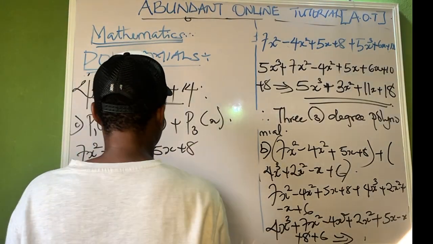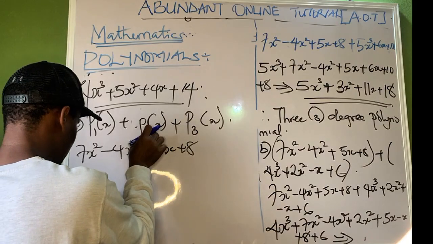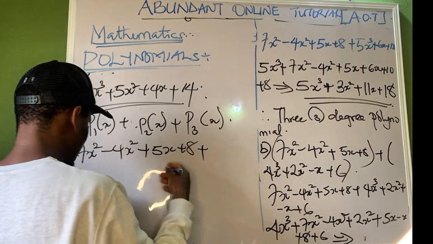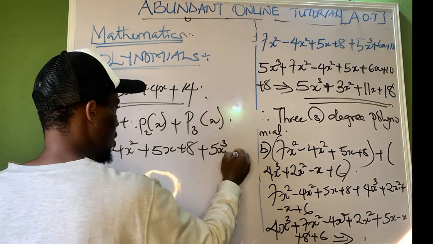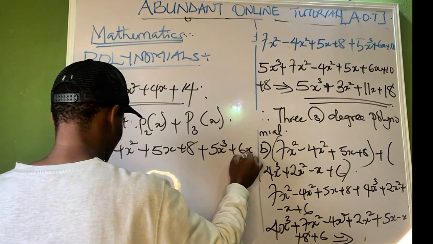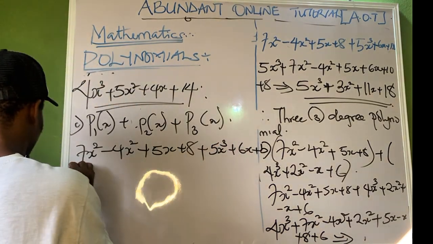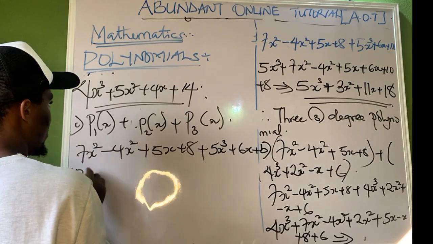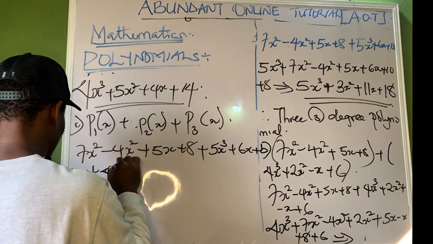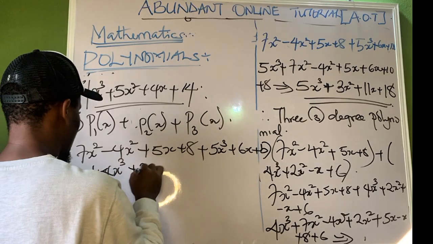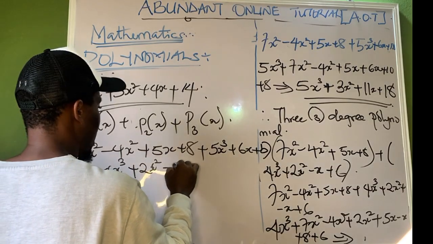Then my p2 was 5x cubed plus 6x plus 10. You can do this by yourself. Then my p3 is 4x cubed plus 2x squared minus x plus 6.